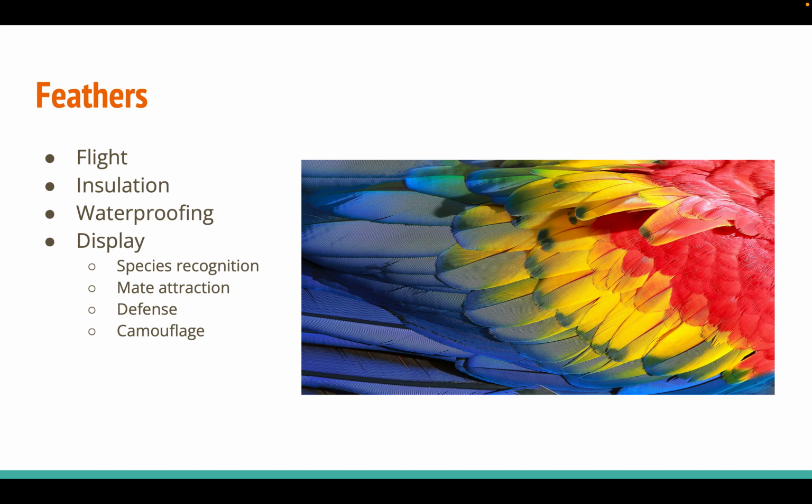They pop their feathers up real large, and it looks like they have tons of eyes, and they look like a much bigger animal than they really are. Also, some species of birds have feathers that provide camouflage, so that they can be hidden from predators and also from prey if they're predatory themselves.